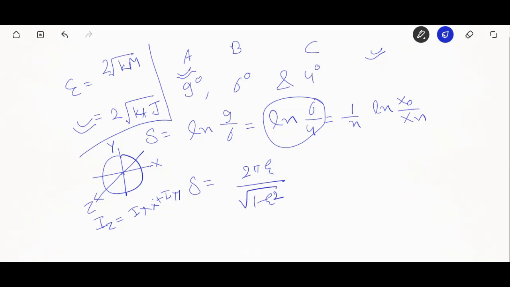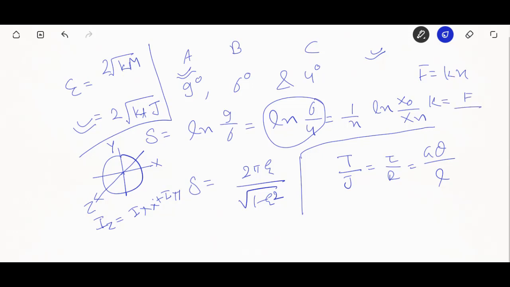torsional stiffness? If we look into the formula, I hope you have read this in the subject of strength of materials, which shows the torsion equation is T upon J is equal to tau upon r is equal to G theta upon L. Now, when we were discussing springs in the previous part, we said that the basic formula of a spring is given by F is equal to kx, and in order to calculate this k, we have the ratio F by X. That means F is the force which stretches that spring, and X is the resultant displacement that we got from there.